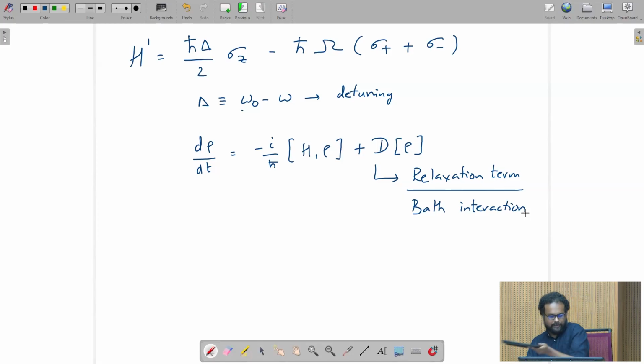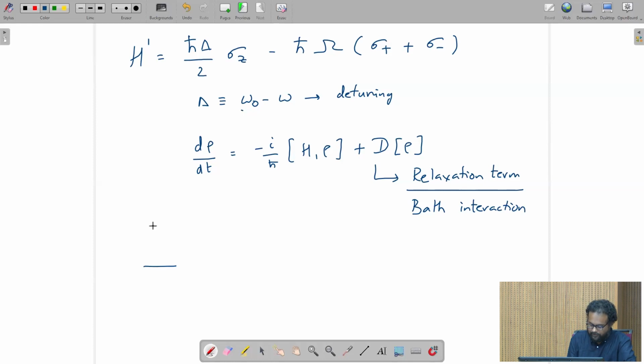So we were in a position where we want to effectively introduce system path interactions, relaxation, dissipation terms in the system. And as I said earlier, I'm going to talk about two primary relaxation channels which are kind of ubiquitous in spectroscopy. One is basically an excited state relaxing to ground state by emission of photon.